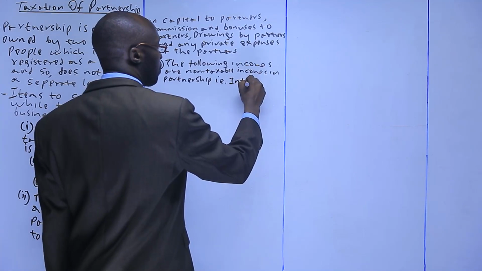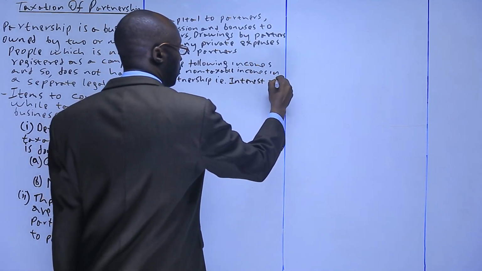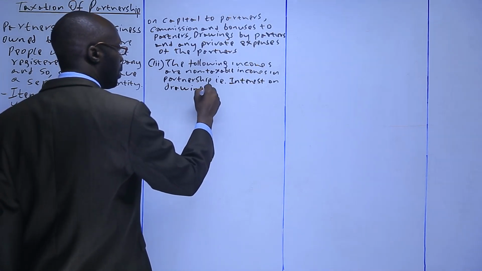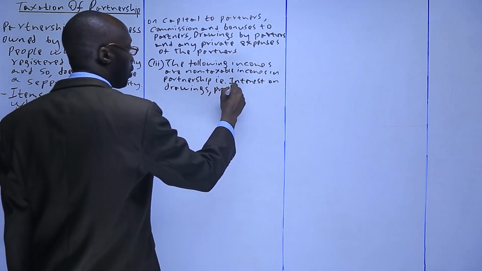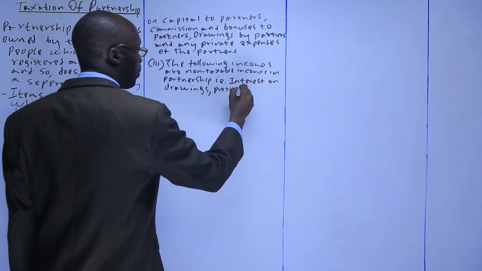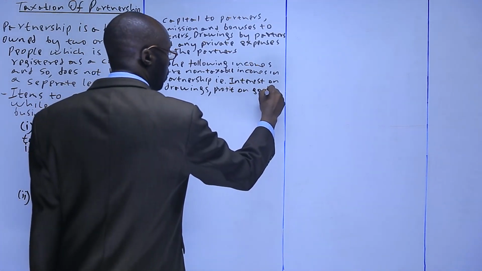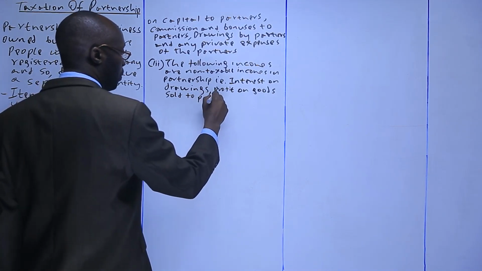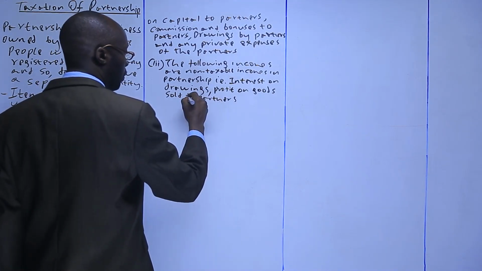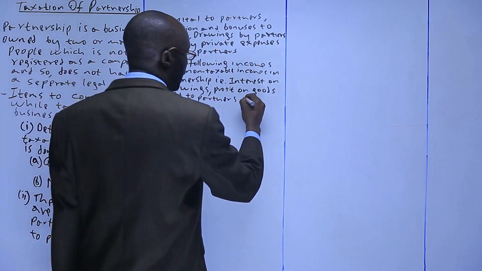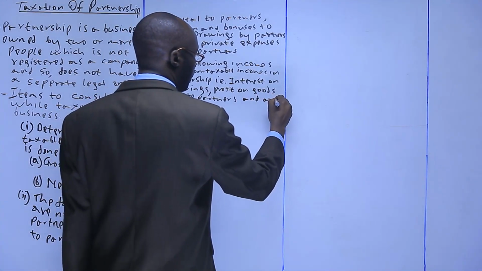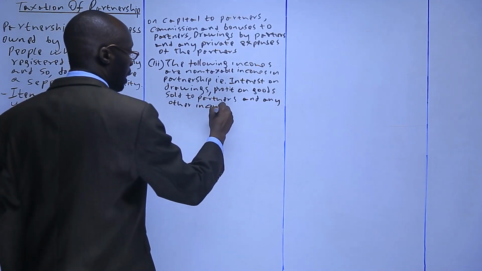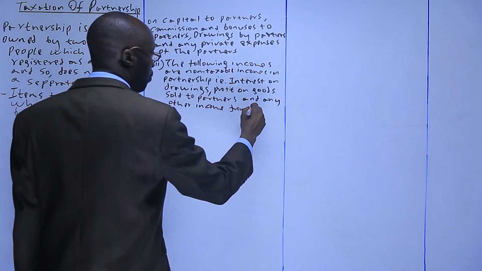Interest on drawings, profit on goods sold to partners, and any other income from partners.